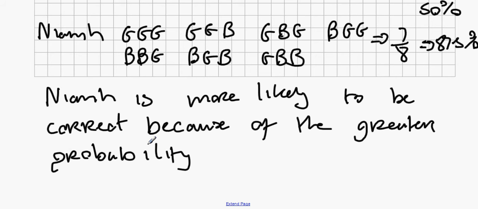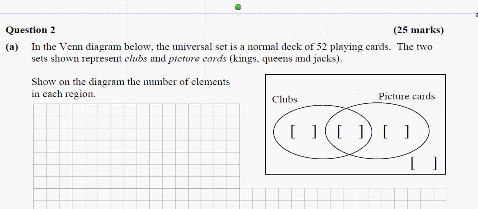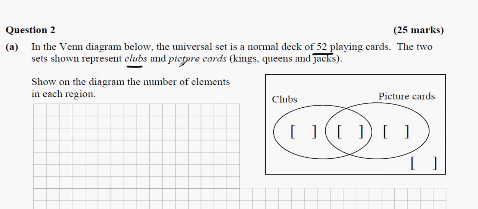The next question we're on is question 2. In the Venn diagram below, the universal set is 52 playing cards. The two sets shown represent clubs and picture cards. For those of you not familiar with playing cards, there are 52 cards in a deck. They're broken up into 13 diamonds and 13 hearts. The diamonds and hearts are red cards.